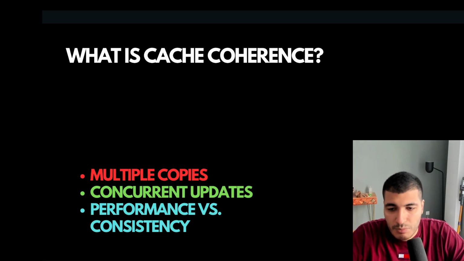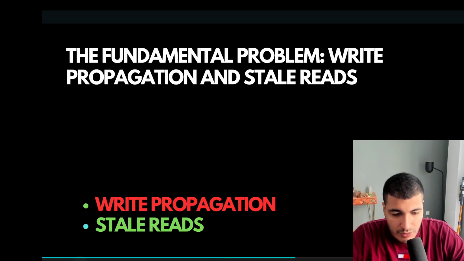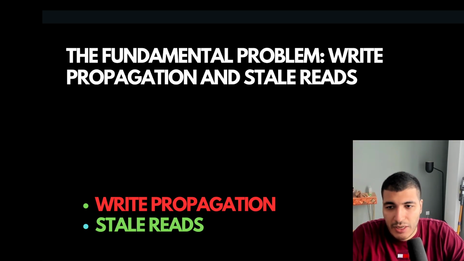In a modern distributed application, multiple users or servers might be trying to update the same piece of data concurrently. Number three, performance versus consistency. Achieving perfect real-time consistency while maintaining high performance is incredibly difficult, often forcing you to make trade-offs.